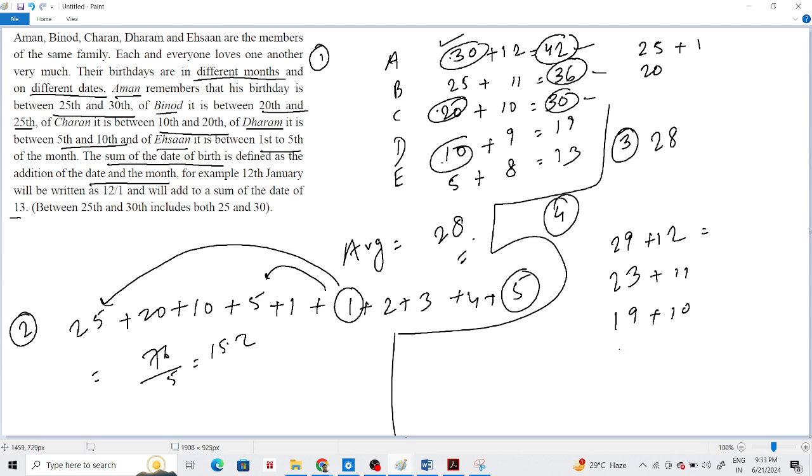Okay, I need 4 prime numbers. I'll keep this one as it is because I already have this last one as the prime number. Okay, so find out the average of all this.